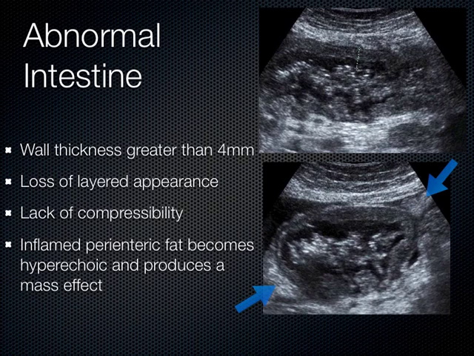And when I compress it, it exudes this mass effect. It all moves together as one unit. Intestines should easily flop around and slip around each other and slide amongst one another. When there's inflammation or abnormality, then it all moves together like a unit. This is an example of a patient who had pseudomembranous colitis.